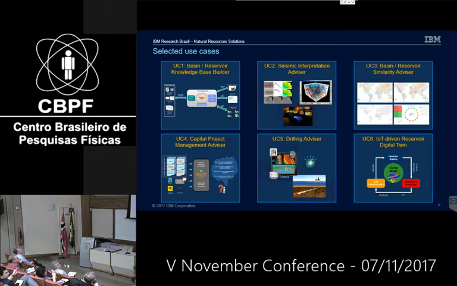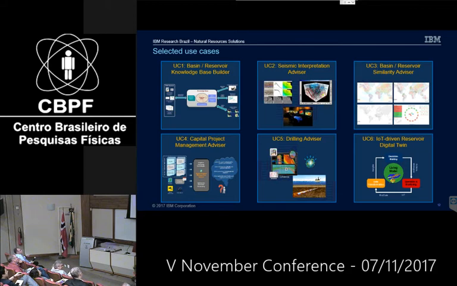Today I will talk about some use cases to illustrate the concept of digitalization that we are discussing here. Normally we have these 6 basic use cases that we use to illustrate our ideas. As I have the luck to speak after Professor Marabel, I will be able to skip the first one because we have short time.